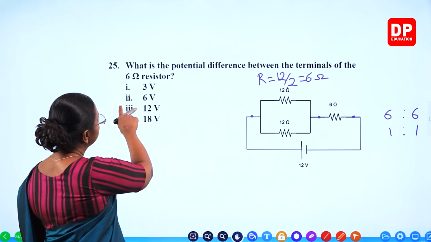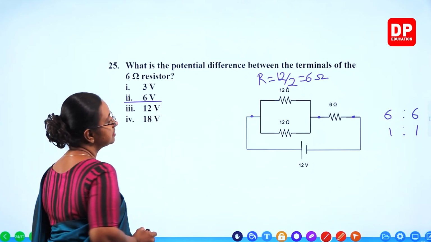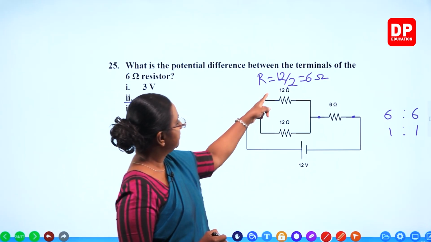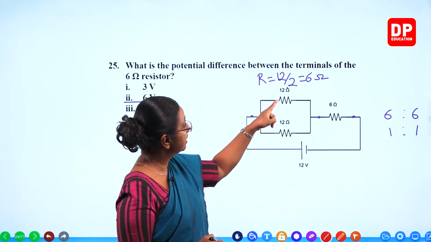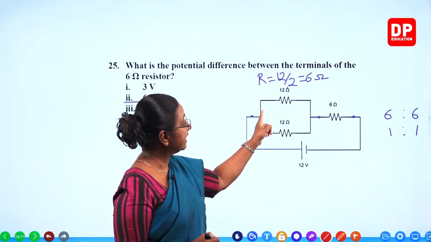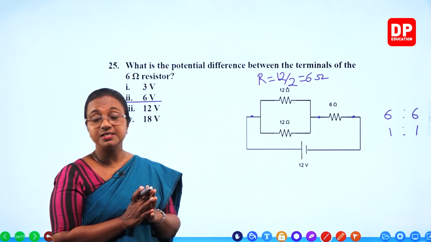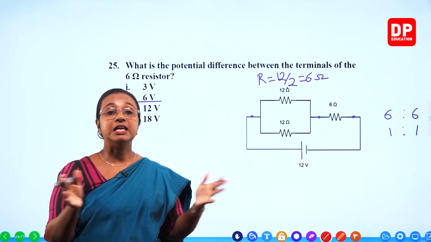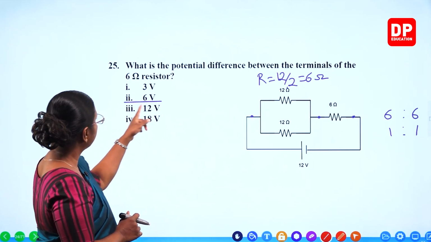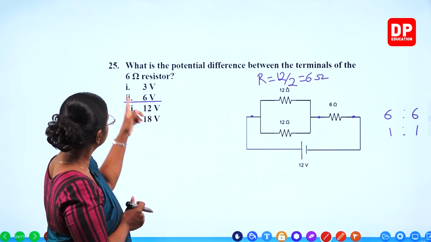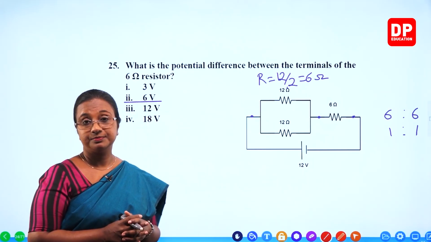That is going to be 6 volts. Because the equivalent resistance of the two parallel resistors is equal to 6 and that is equal to the 6 ohm resistor, the potential difference gets divided equally. That is what you have to remember. So the potential difference across the 6 ohm resistor is 6 volts.